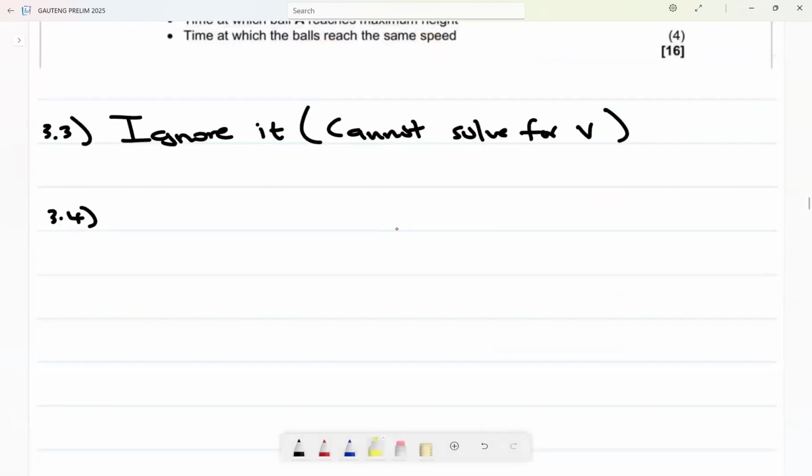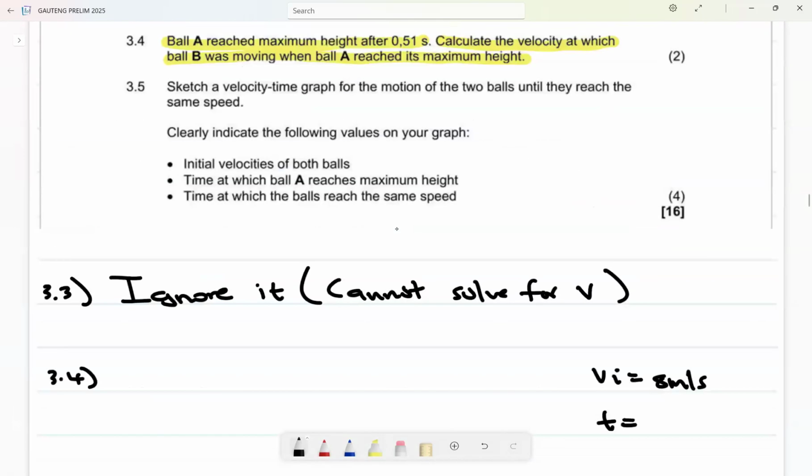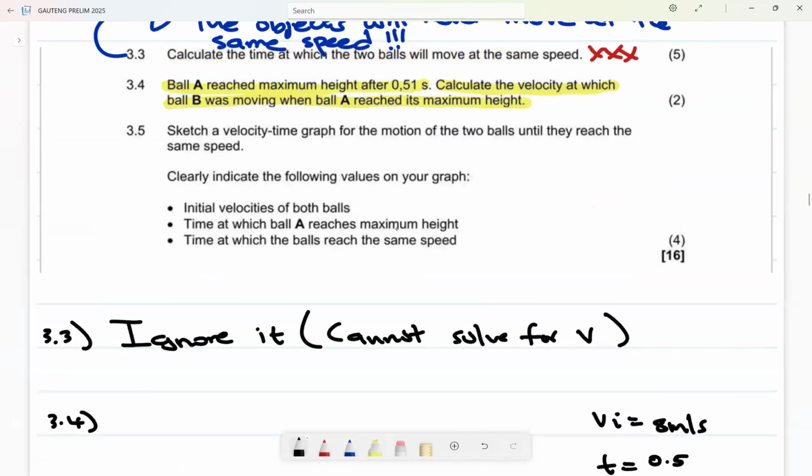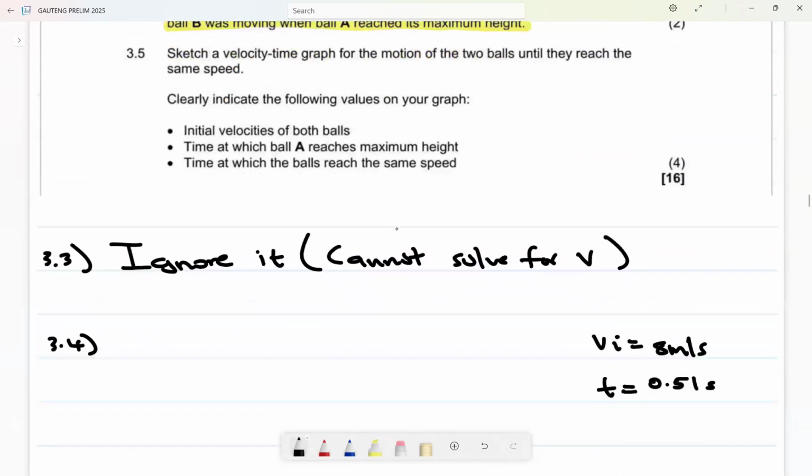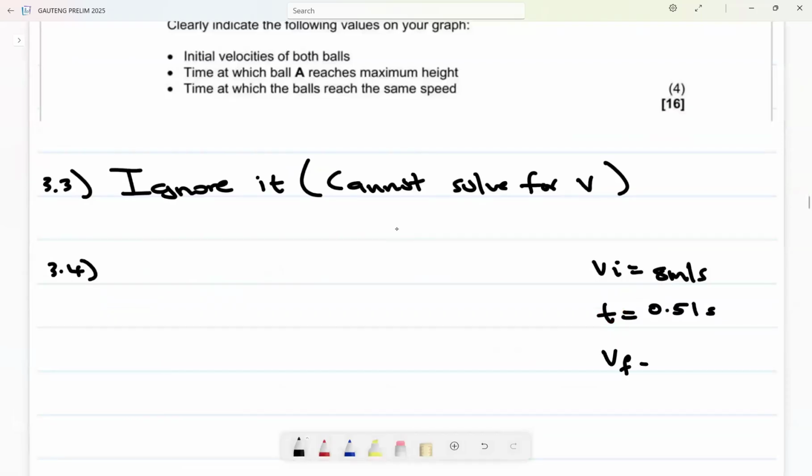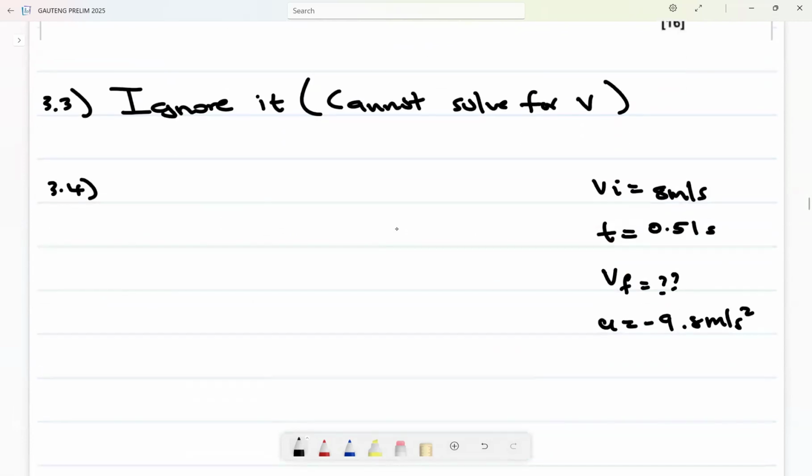So we'll say, okay, for ball B, we have the initial velocity to be 8 meters per second, and we are given the time to be 0.51 seconds, and I want to see the final velocity, and I have acceleration to be negative 9.8 meters per second squared. So it's just a fairly easy calculation: V final equals V initial plus a times t, with upwards as positive.